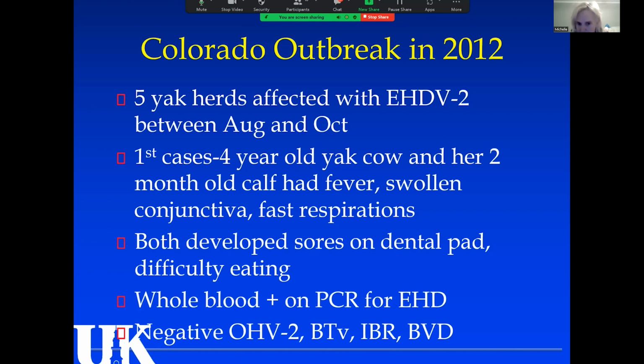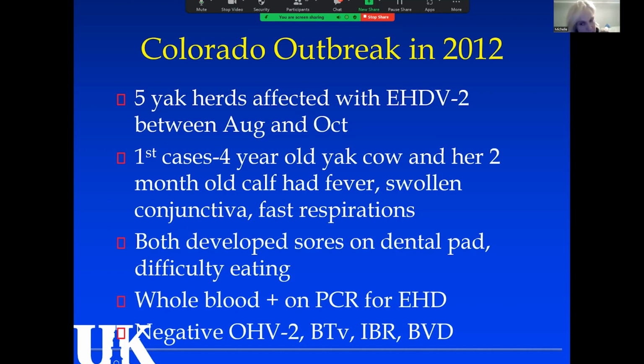Both of them had fever. The conjunctiva of the eyes were swollen, so that's all the pink area. The mucous membranes were swollen around the eye. They were breathing fast. Both of them developed sores and blisters on the dental pad and had difficulty eating because it was painful.